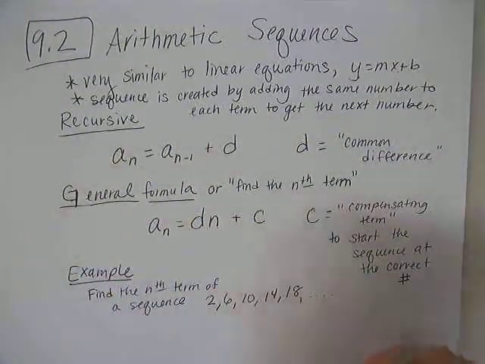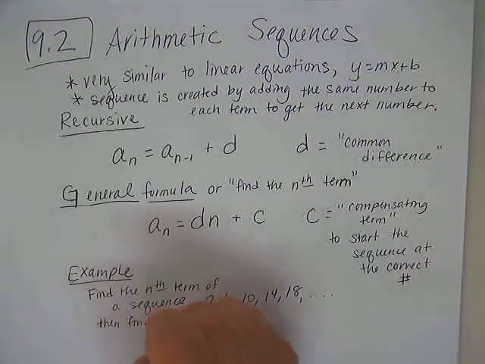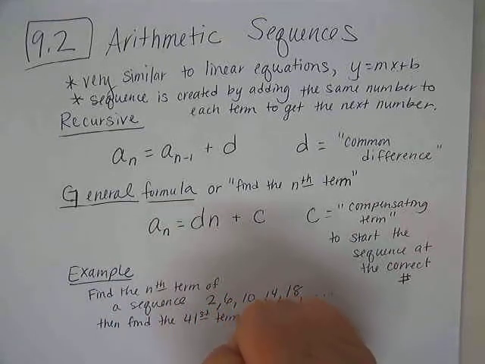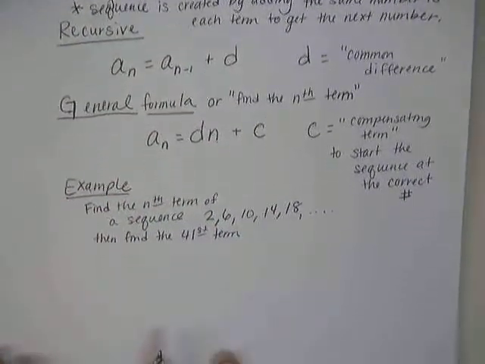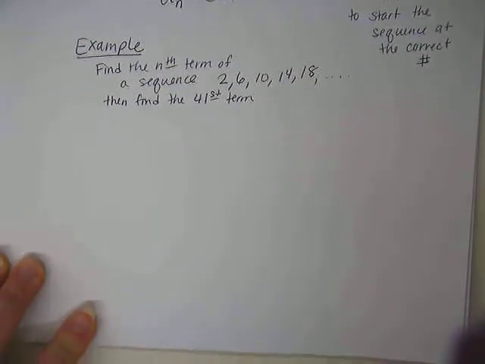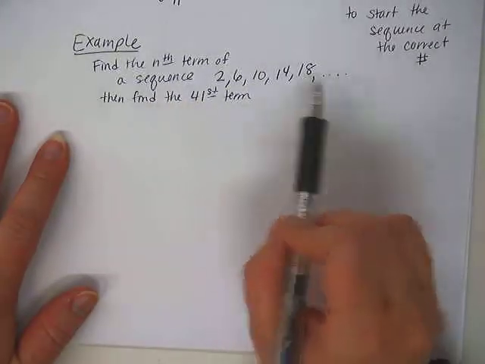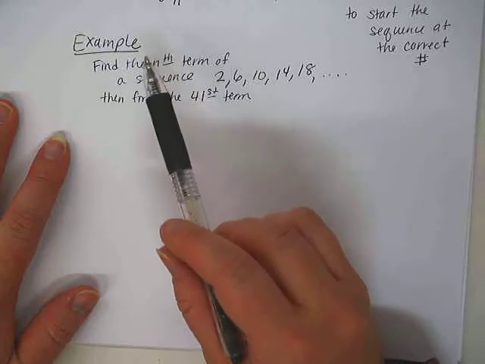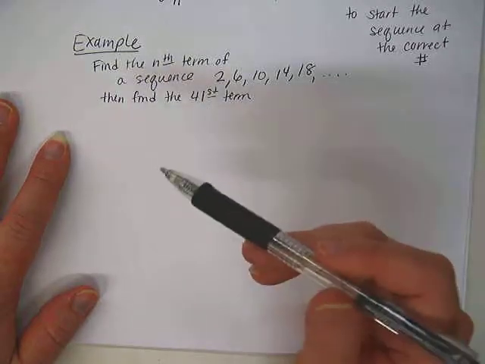Let's do this one: 2, 6, 10, 14, 18, etc. Then that's the first part of the problem, and then we're going to find the 41st term, just for the heck of it, because I have that written down. Okay, I guess I should move this entire thing up so we can see better what we're doing. Okay, find the nth term of this particular sequence.